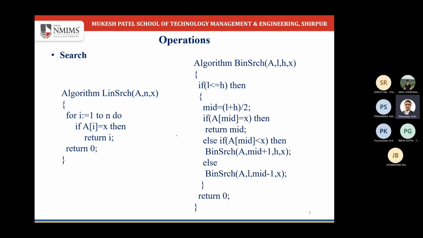So if this algorithm returns 0, it signifies that the element is not present in the list. If it is present, it will return the corresponding index. Return 0 works in the case of algorithms in pseudocode notation. But in programming, you do have index 0. In that case, you are supposed to return -1 to show that the element is not present.